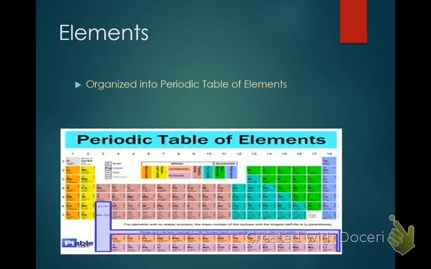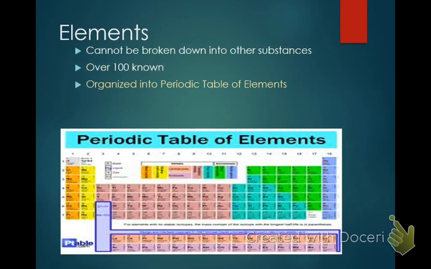Okay, elements. So elements is something that you had to work on in that pink paper yesterday about the amoeba sisters, right? It talked about what are the most important elements in those macromolecule compounds we'll be studying. So elements cannot be broken down into other substances, okay? They're the types of atoms.